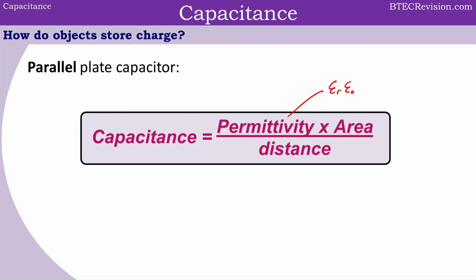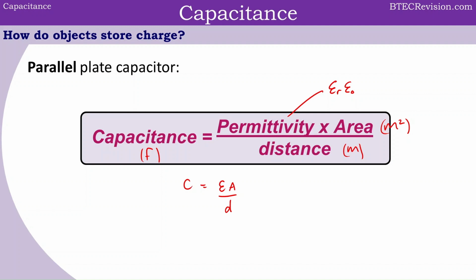The units for area are meters squared, distance is meters, and capacitance is farads. The short form is C equals epsilon times A for area divided by the distance d.